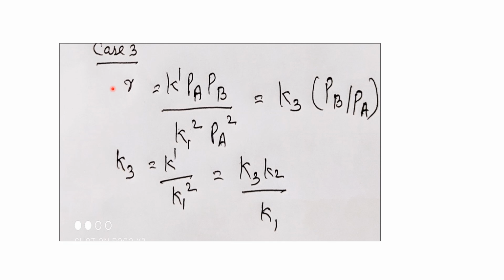Then equation 13 becomes R equal to K dash PA PB divided by K1 square into PA square, that is equal to K3 into PB by PA, where K3 equal to K dash by K1 square.